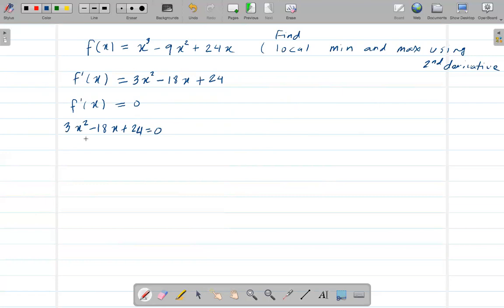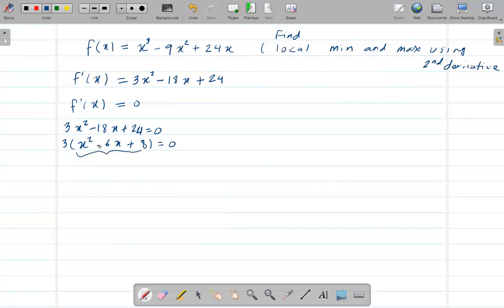Now if I take out 3, then we will get x squared minus 6x plus 8. Right? And then I can just divide 3 on both sides, so we'll just have this.